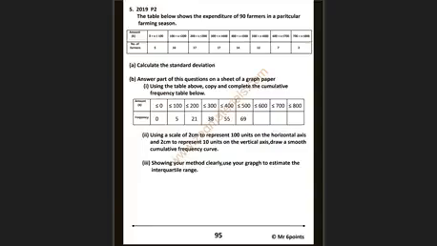So let's start with the standard deviation. What are the processes used in calculating the standard deviation? There's a reason why I've mentioned grouped and ungrouped data, because the calculation of standard deviation for grouped data is different from ungrouped data. So the first thing you must identify is, am I talking about grouped or ungrouped data?